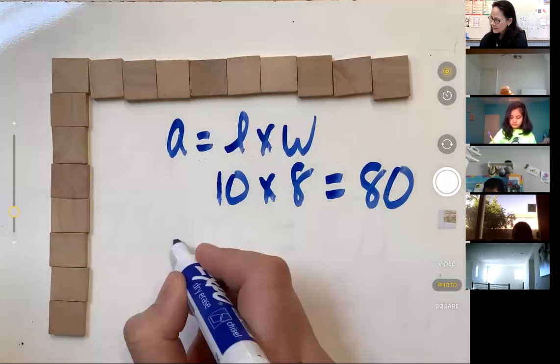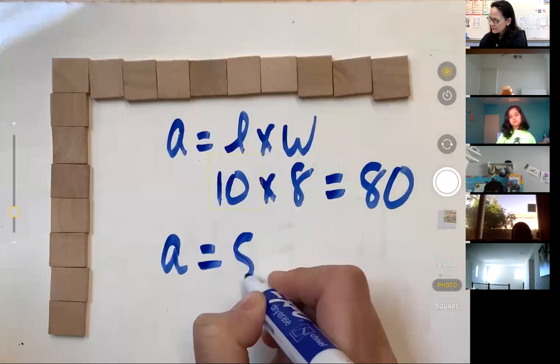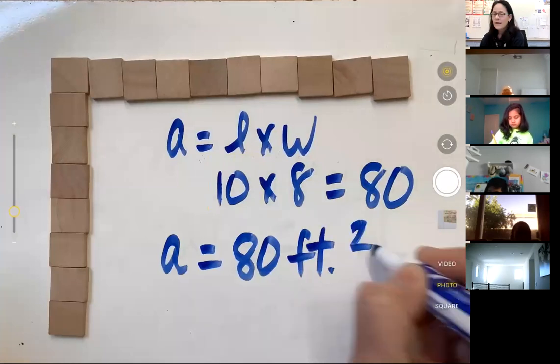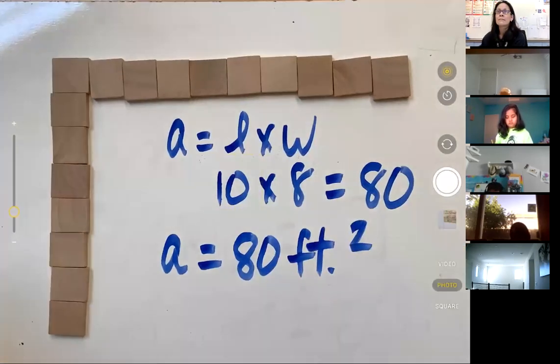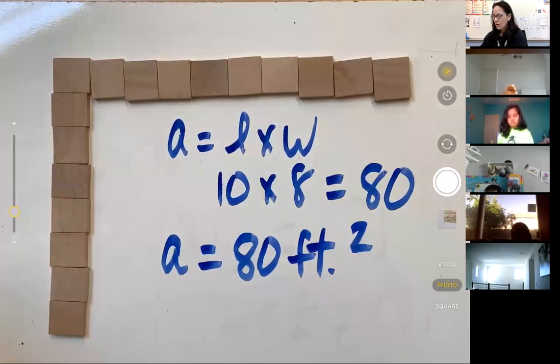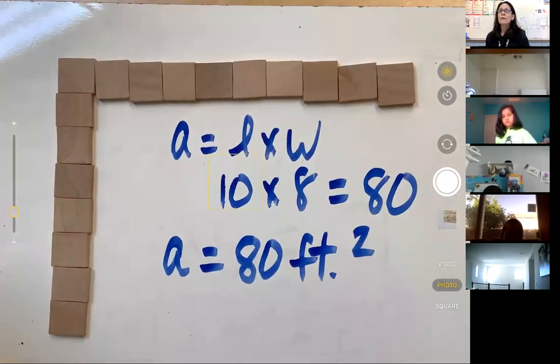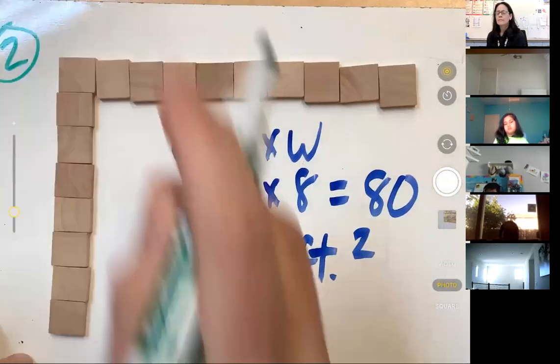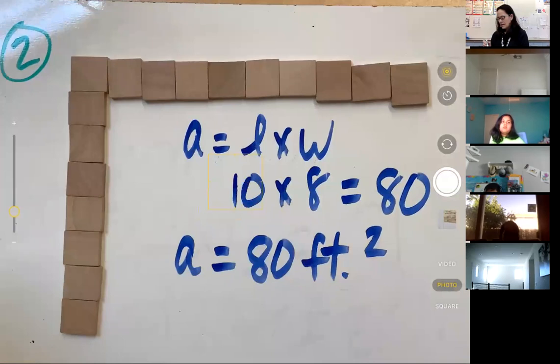So the area is going to be 80. Unit of measurement is feet, and it's always expressed in square units. So Suki's bedroom floor is 80 square feet in area. So again, this is step number 2. So all that is left for us to do is to figure out who has more space. Who has more space?